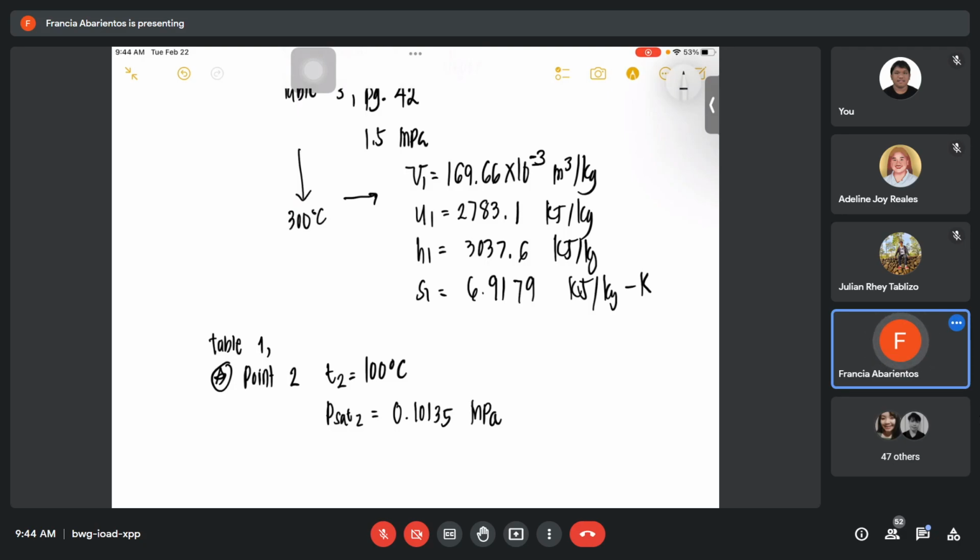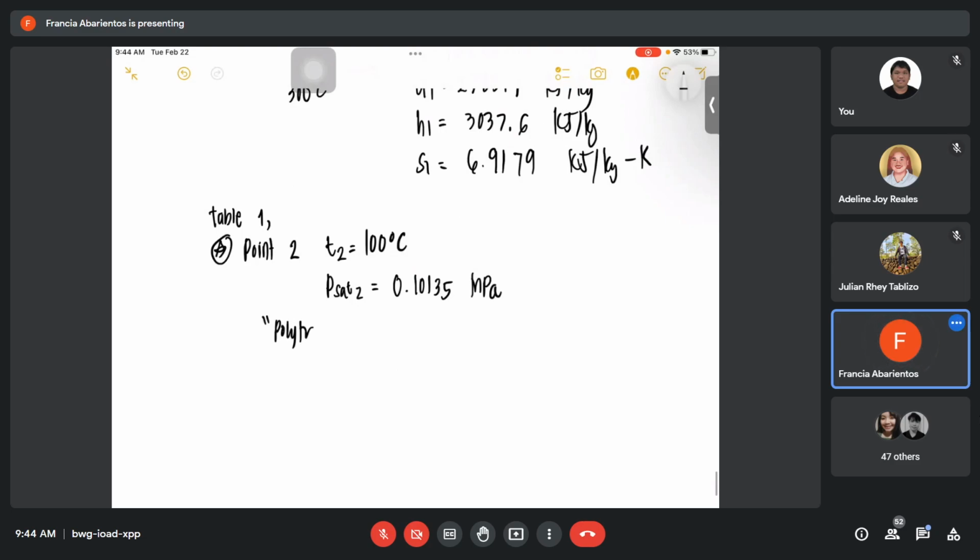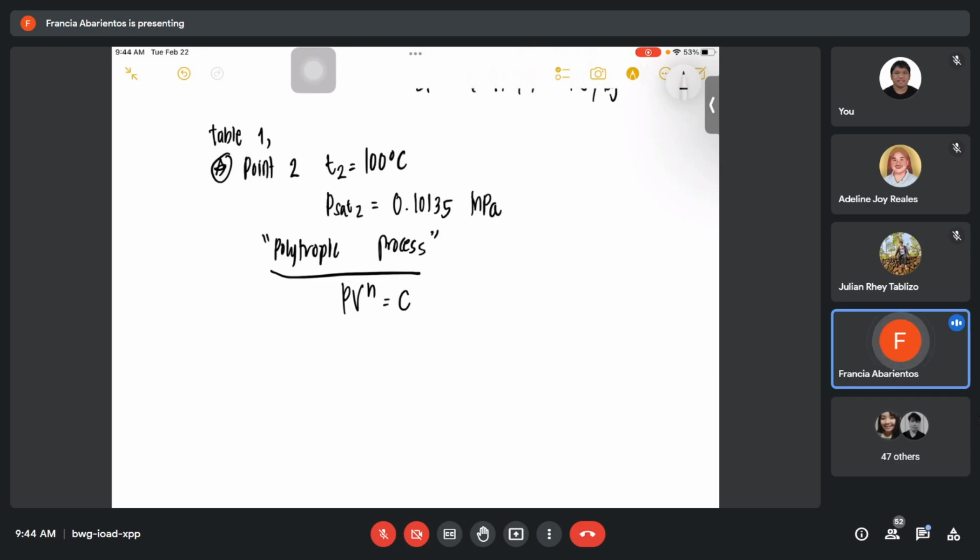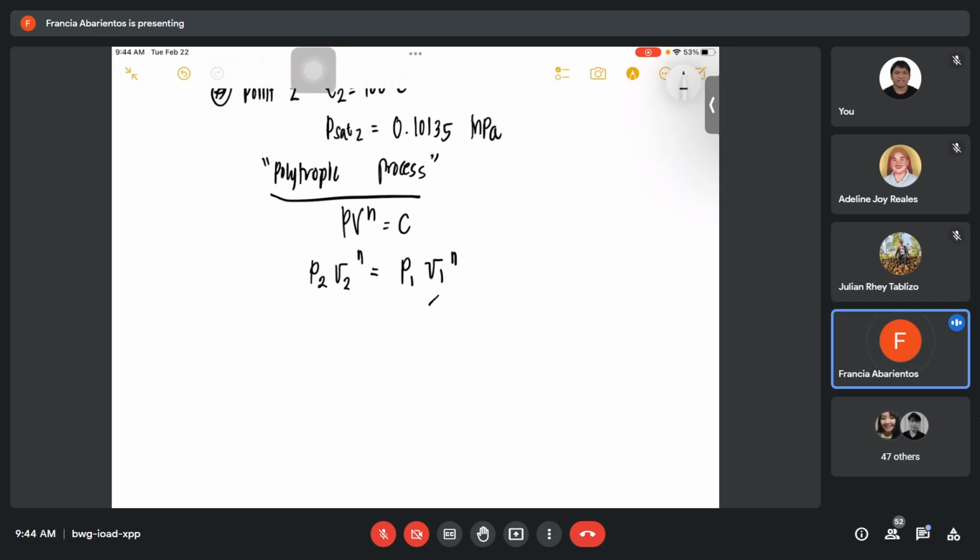Considering that this is a polytropic process, PV to the N is constant, so P2V2 to the N is equal to P1V1 to the N. Since we know the specific volume and pressure at point 1, as well as the pressure at point 2, we will find the specific volume at point 2 using this equation.